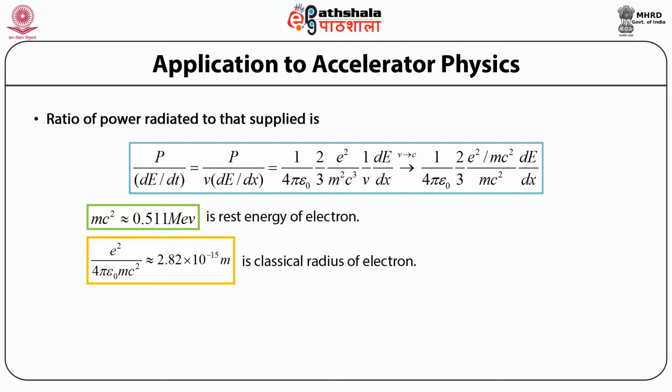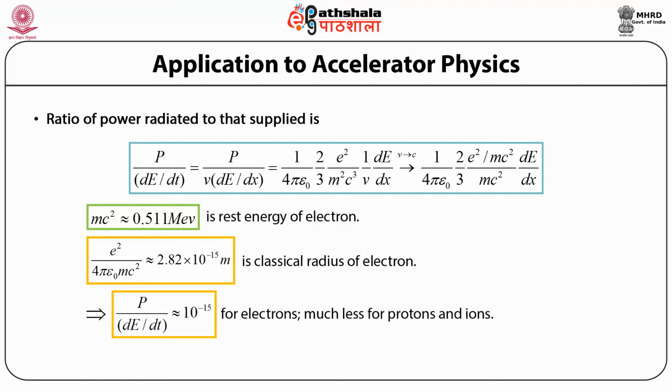The typical energy gains dE by dx are of the order of 10 MeV per meter. Thus, P divided by dE by dt is approximately 10 raised to power minus 15. Radiation losses in linear accelerators are completely negligible even for electrons, not to talk of heavier particles like protons and nuclei. The energy loss due to radiation is no issue for linear accelerators.